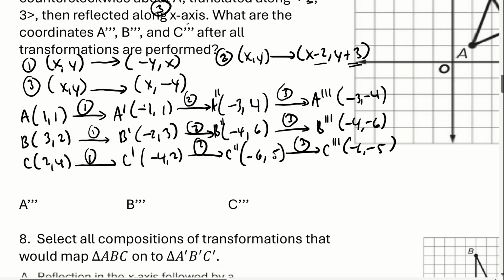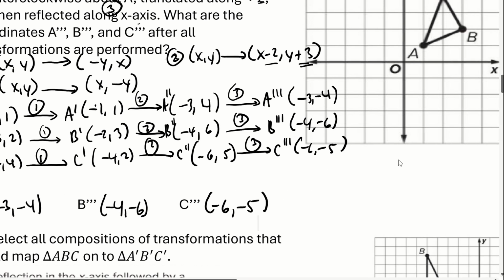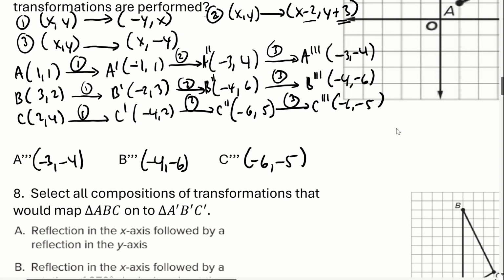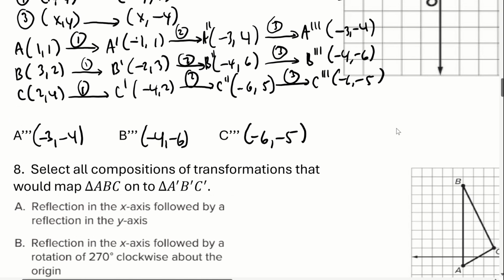Again, just putting a negative on the y coordinate. And that's it. That's your coordinates. Of course, we can graph it if we want to, but we don't have to. All right. Okay, so that's it for that one.